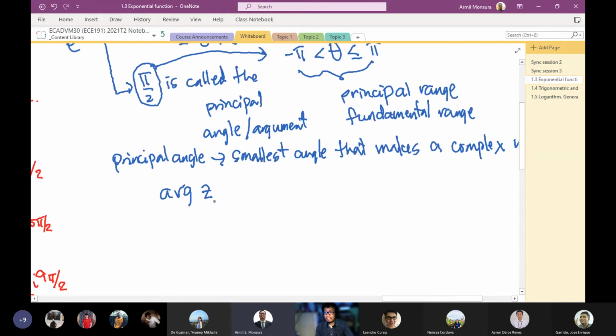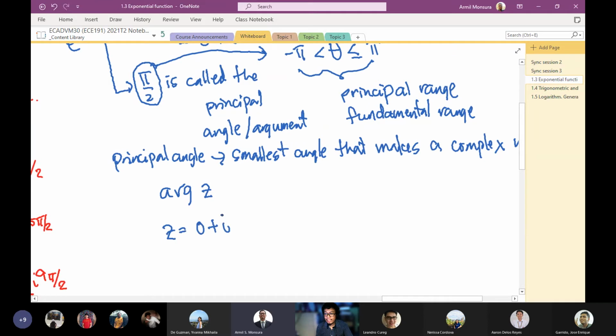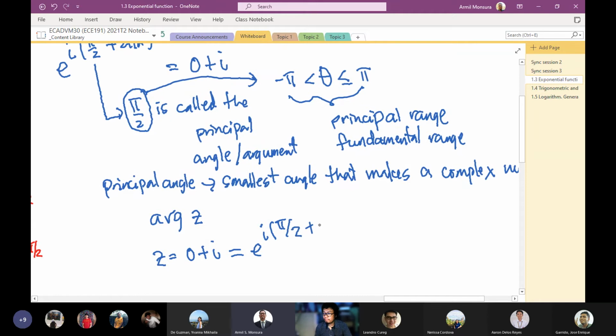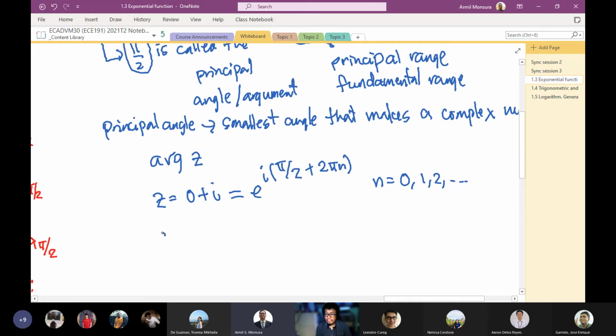In this case, if you have z equals 0 plus i, which when we convert to polar form becomes e raised to i times pi over 2 plus 2 pi n for n equals 0, 1, 2, and so on, we say that arg z or the argument of z is this angle. Itong angle na to.